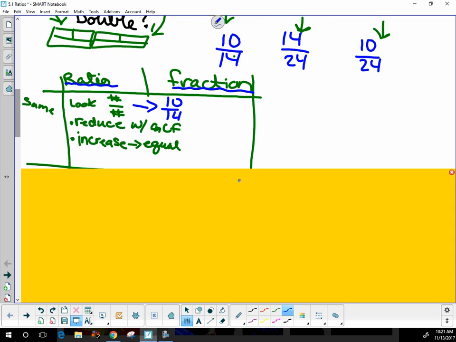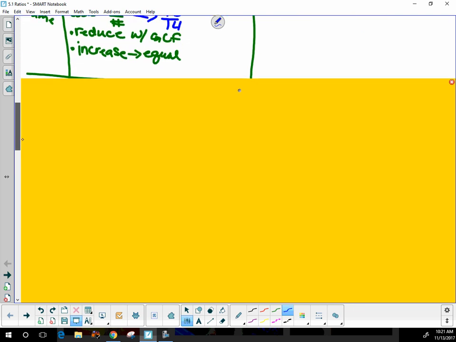You can reduce with the greatest common factor or increase equivalent, so you can double or triple everything. We can write equivalent ratios, and you can write equivalent fractions, okay?